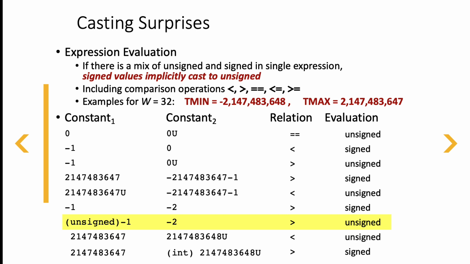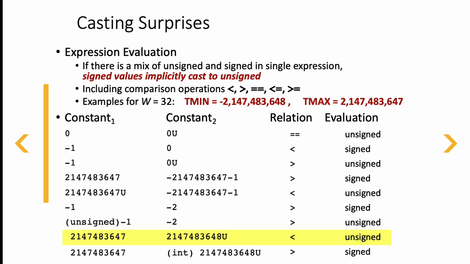Just because you actually end up with the correct evaluation of the relationship doesn't mean that something maybe surprising isn't happening, right? We've cast both of these to unsigned values, and they end up still being greater than, but it's done as an unsigned instead of a signed, so we have to watch out for this.